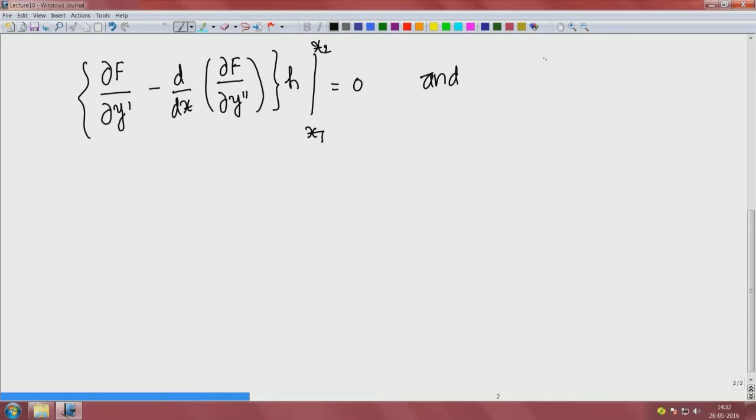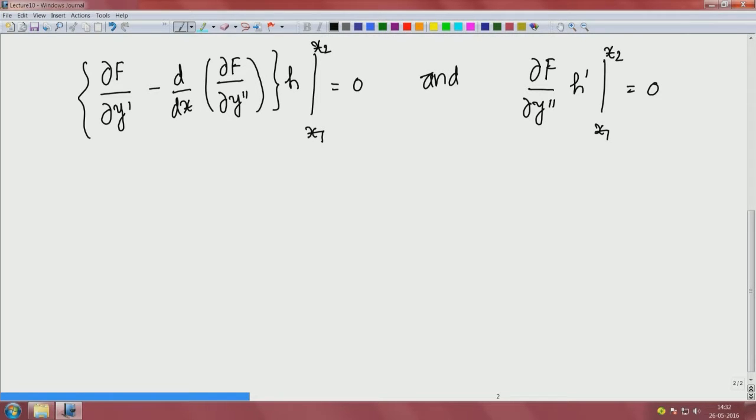And we also had dou f by dou y double prime into h prime, again evaluated at the two ends, equal to 0. This is what we had.